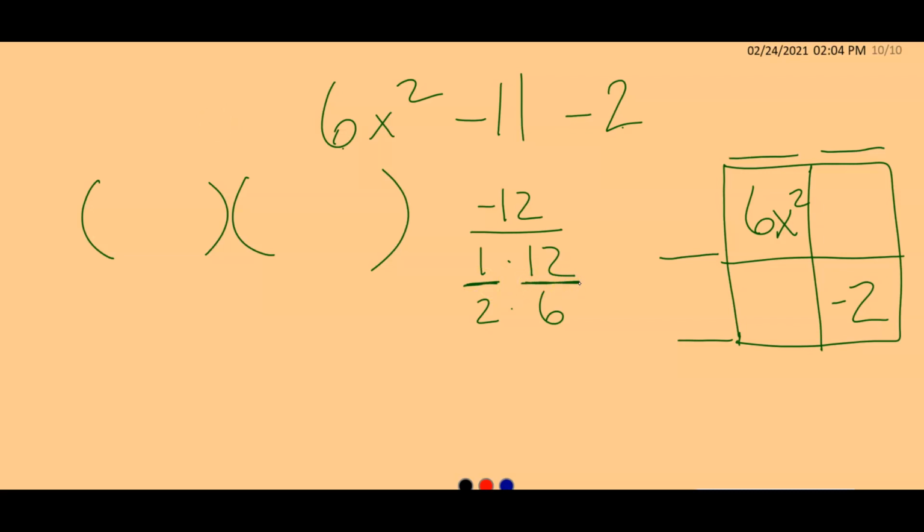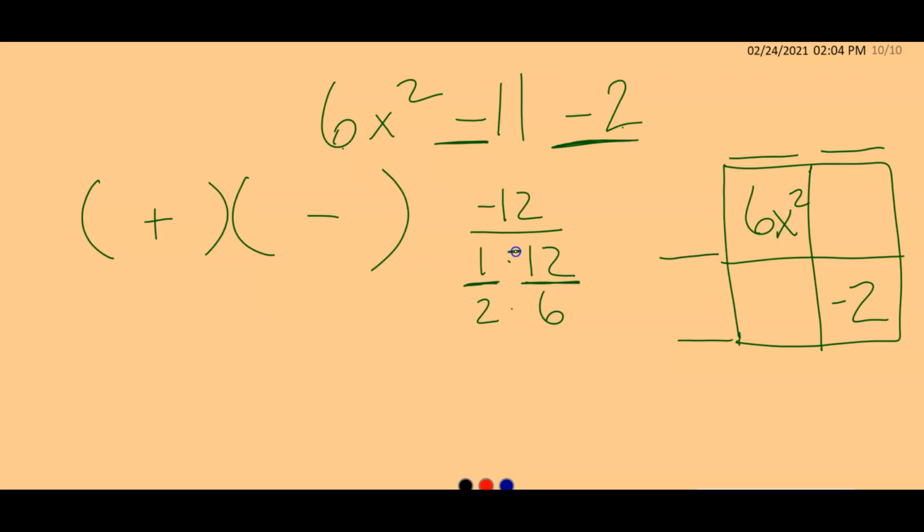So let's take a look at our side, shall we? This is negative. My C is negative. So what that tells me is I am going to have 1 positive binomial and 1 negative binomial. And because B is also negative, that means that the larger of the 2 factors is going to be negative.